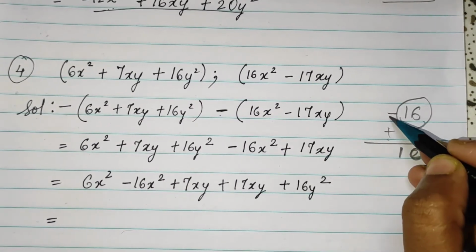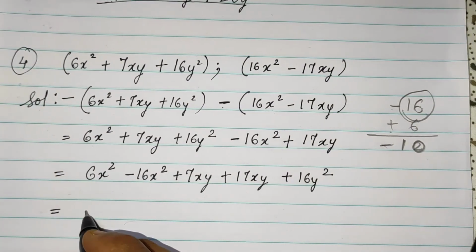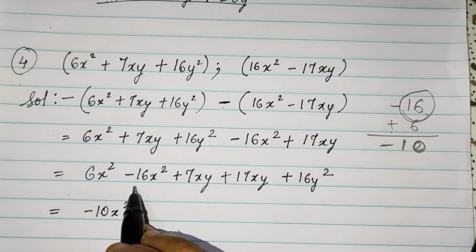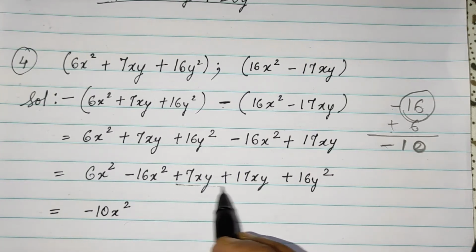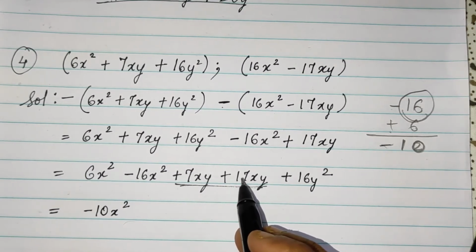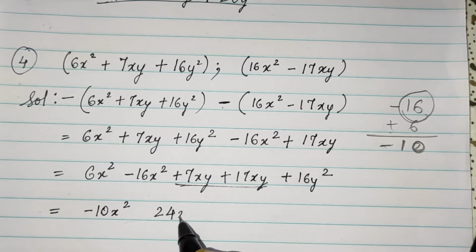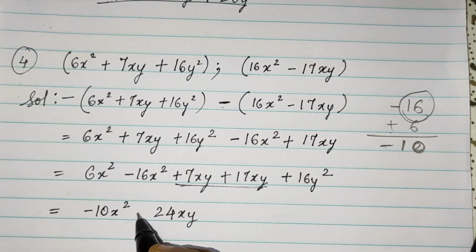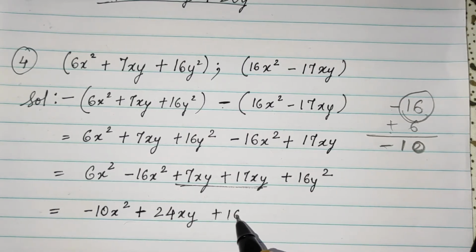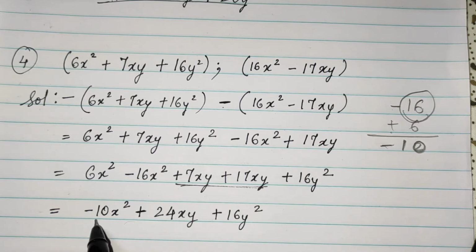Greater number is 16, it has a negative sign, so minus 10x square. Then this term, both are positive, so 17 plus 7 becomes 24xy, and you have a plus sign, and then this as it is. So this is your answer.